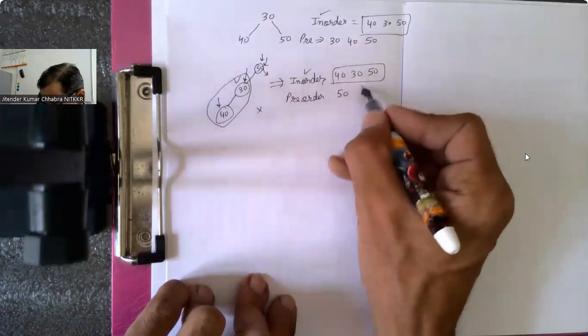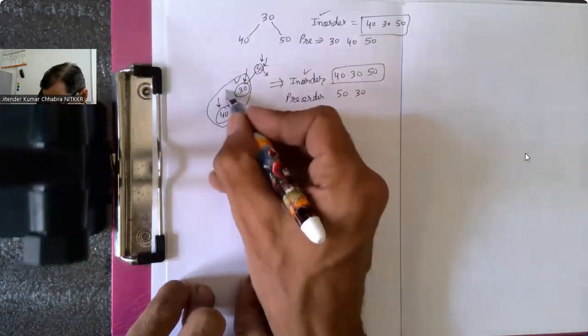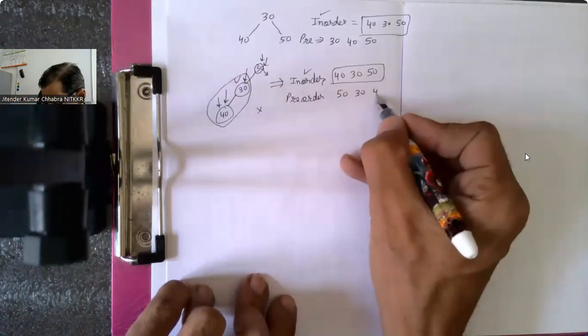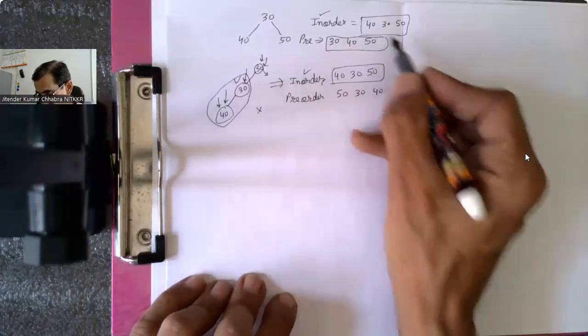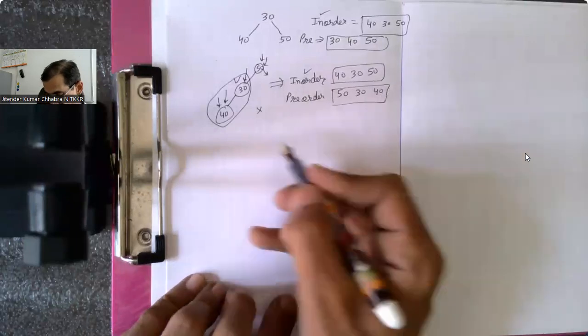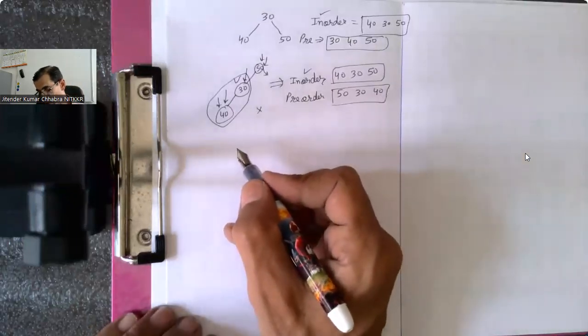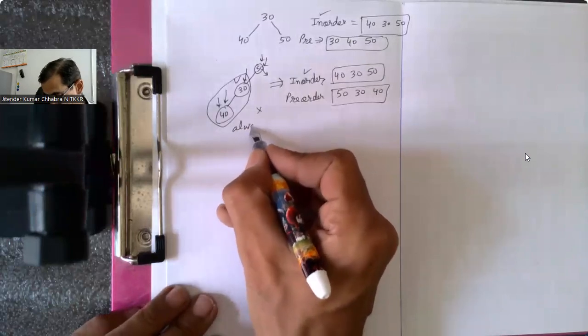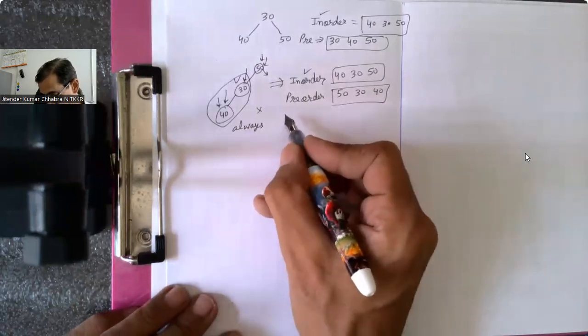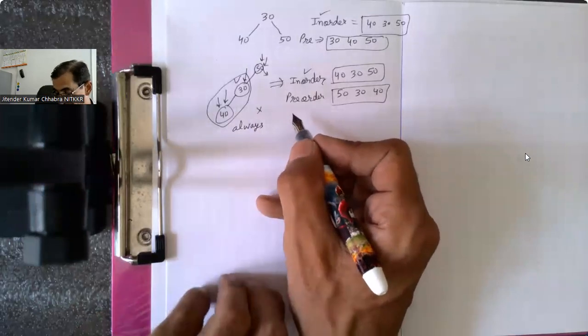For 30 also, data first, then left side. 40 also, data first, and then left side. And so you can say the pre-order here is different. So we will require all three traversals to be checked. So always do all three traversals, or at least two traversals, in-order and pre- or post-order.